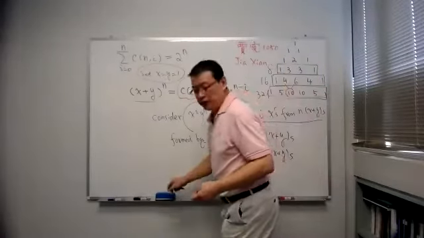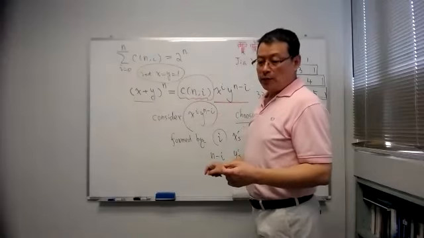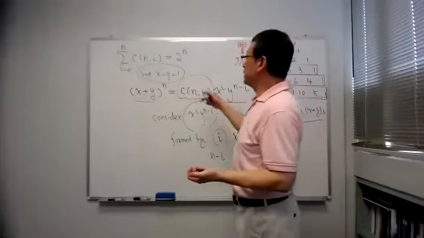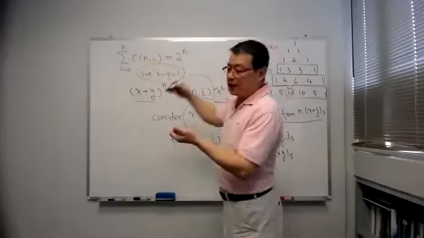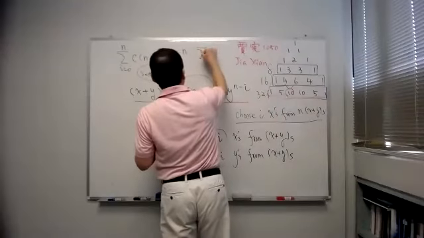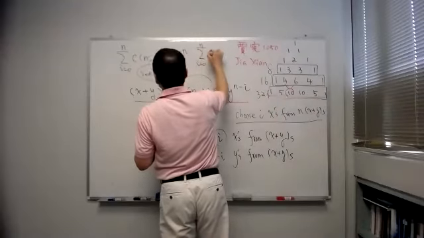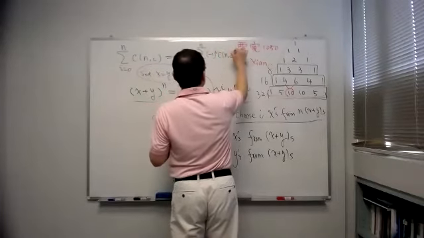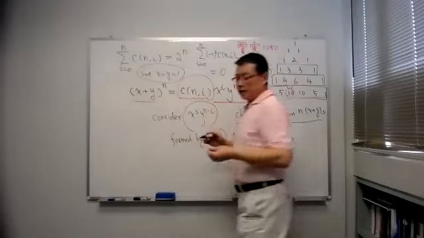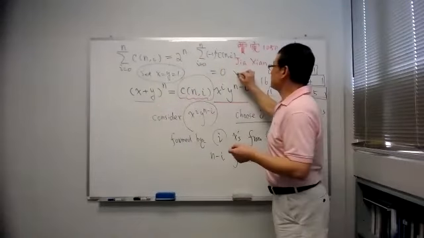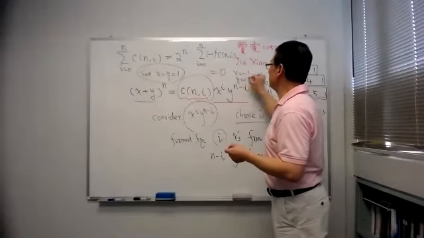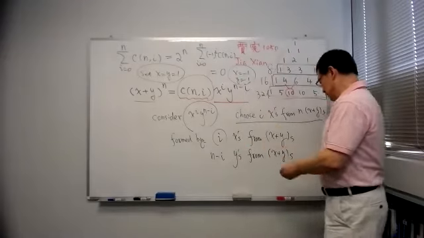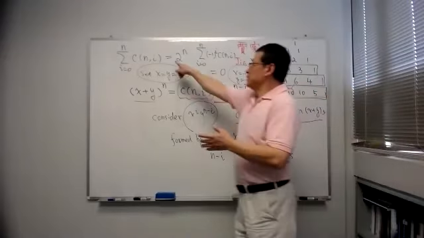If we choose x equal -1, y equal 1, the sum alternates, and then it gives us 0. So we set x equal -1, y equal 1, and that will give us the formula. But this one is an important one.